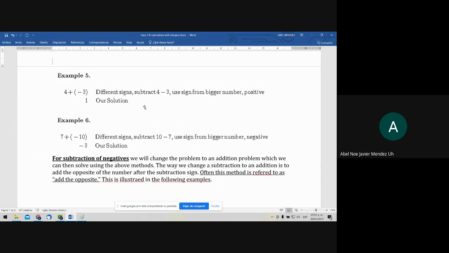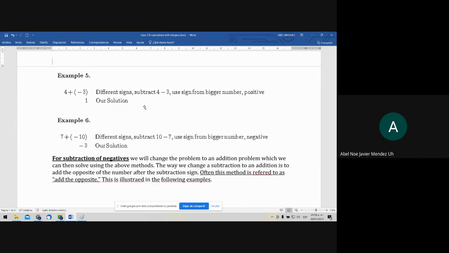Different sign, we just subtract the bigger number minus the little number. 5 is the bigger number in this case, and the little number is 3, okay? I have the subtract. I can eliminate the parentheses, okay?